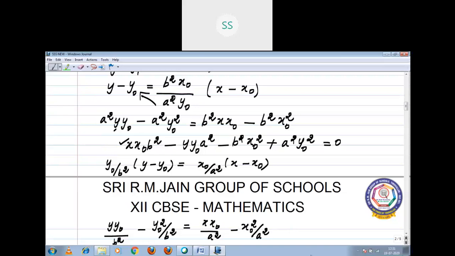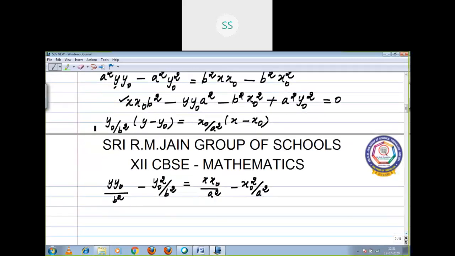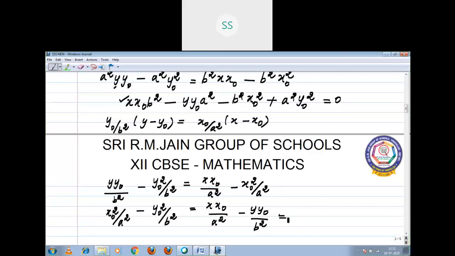Yeah. Now I am going to write. See here carefully, children. x naught square by a square minus y naught square by b square equal to what? x naught by a square minus y naught by b square equal to, see here in the left hand side what we have, x square by a square minus y square by b square.